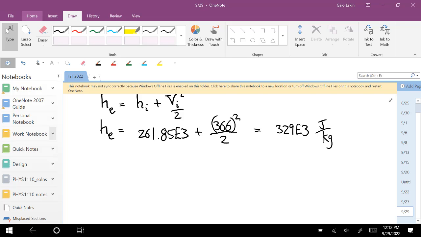Our tables only go up to 1.6 megapascals. But if you just Google refrigerant 134A table online, one popped up right away that went up to 2 megapascals. And the enthalpies don't change very much with the pressure.